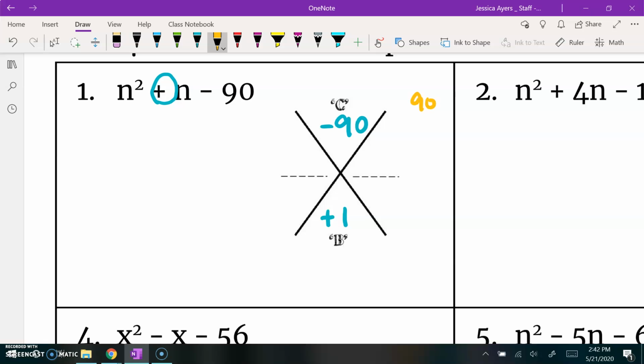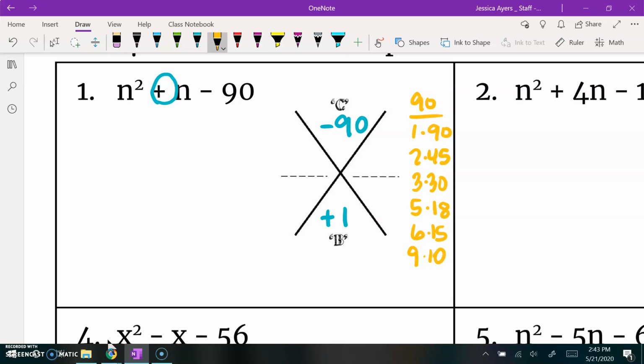We write them out as 1 and 90, 2 and 45, 3 and 30, 5 and 18, 6 and 15, 7 doesn't work, 8 doesn't work, and then 9 and 10.